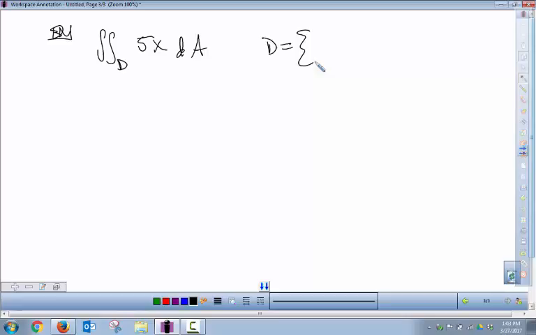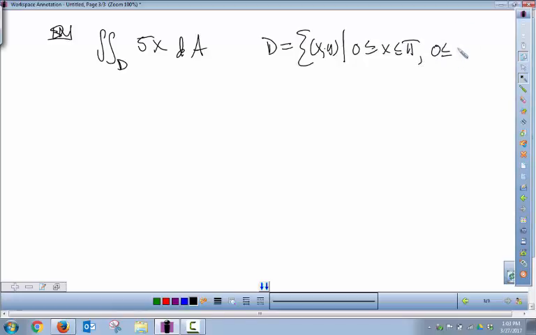So you can say D is equal to the set of x and y values such that the x values go from 0 to pi, and then the y values go from 0 to sine x.